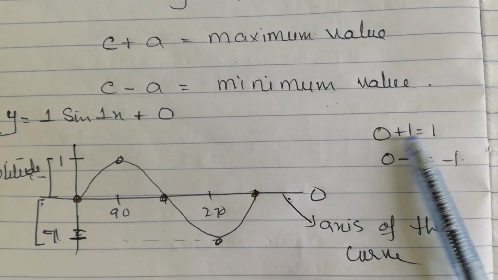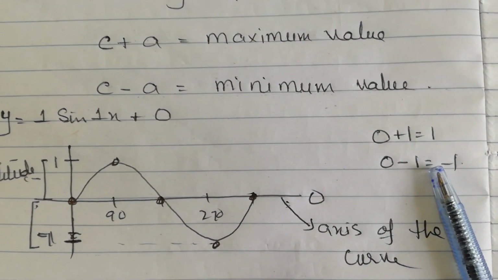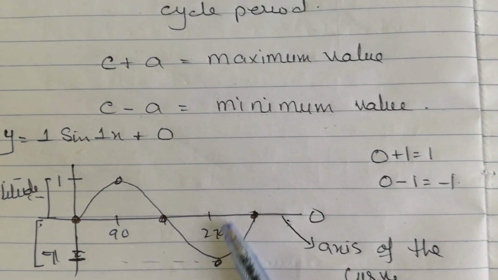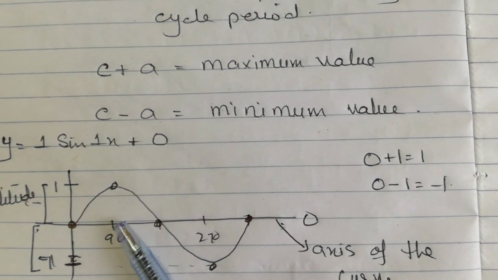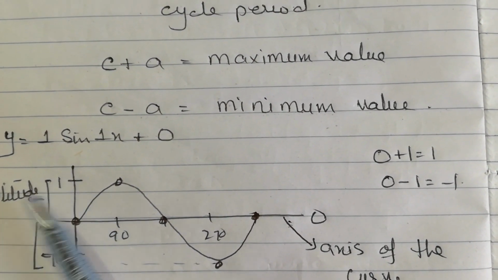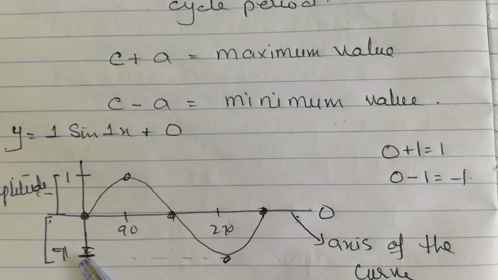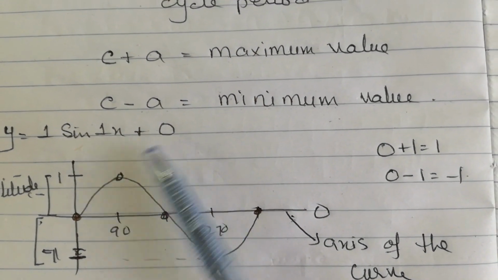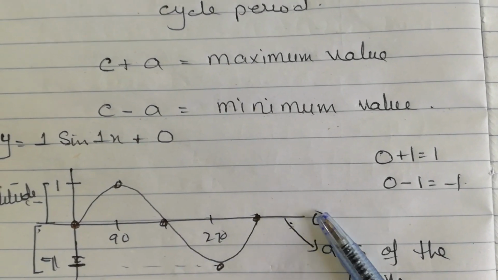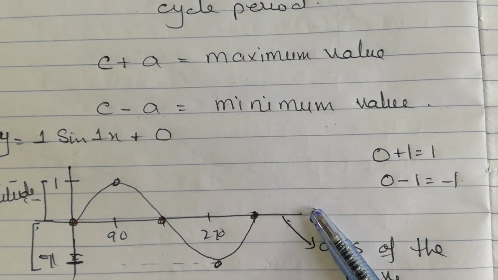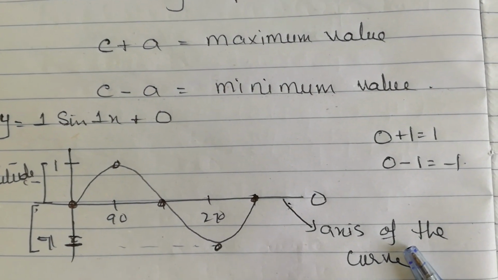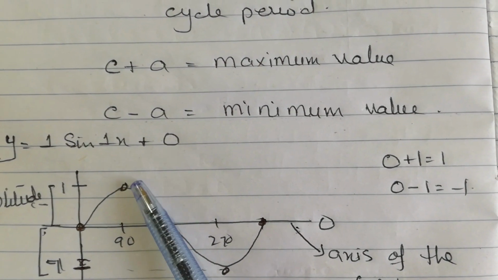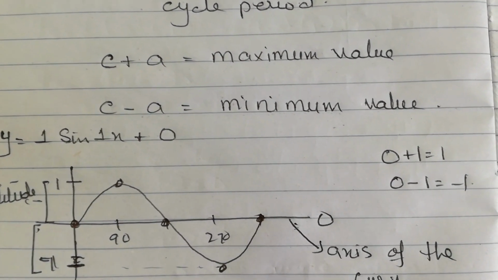Now if I do 0 plus 1 and 0 minus 1, these will be my values at 90 degrees and 270 degrees, because the maximum of 1 occurs at 90 degrees and the minimum of minus 1 occurs at 270 degrees. The line at 0, the equation of this line, y equals 0, will be my axis of the curve. And amplitude is how high it is above the x-axis and how low it is below the x-axis.